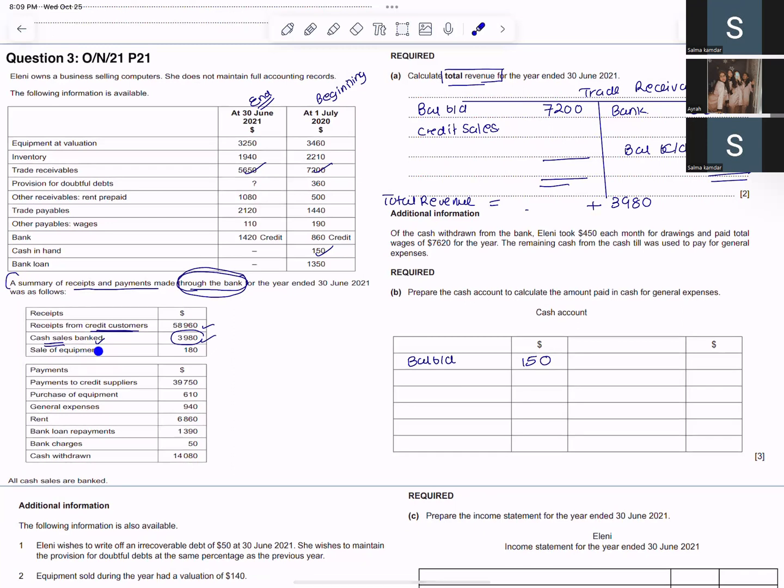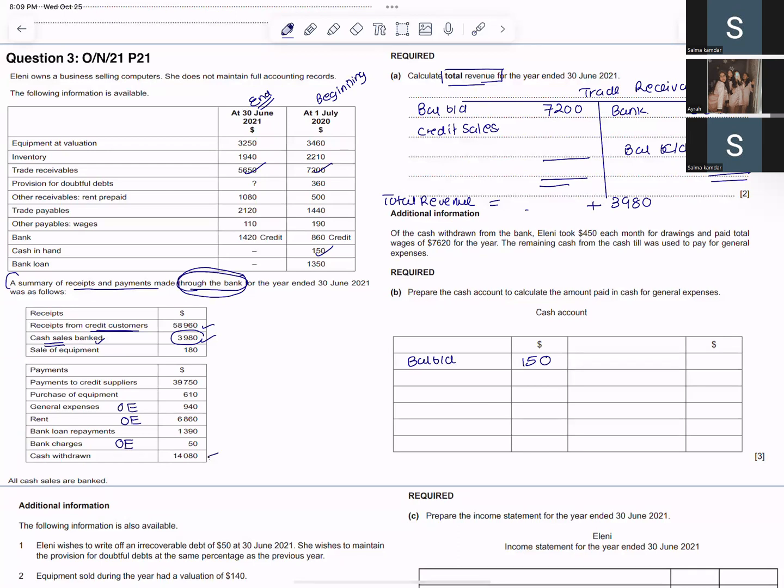Sale of equipment. That is income statement. Then payments. Payment is made to suppliers, so it won't come here. Purchase of equipment won't come here. You have other expenses or general expenses. You have rent. You have bank charges.